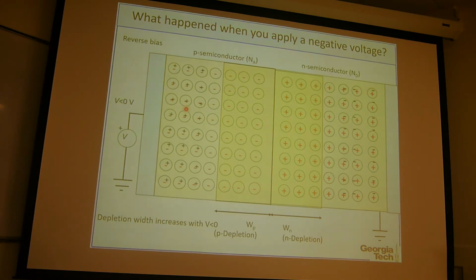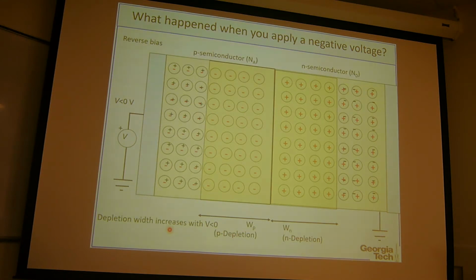So then you will have an increase of the depletion region. This is just opposite to the forward bias case. Now the depletion width will increase.